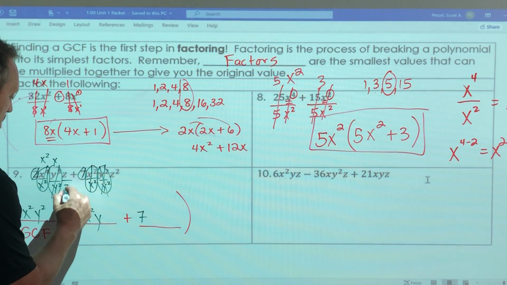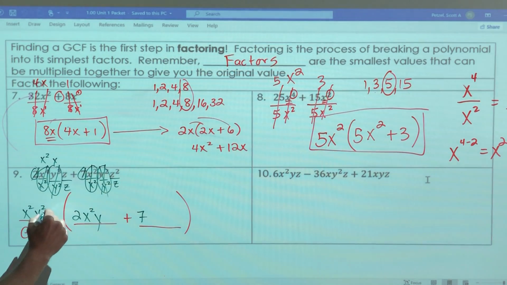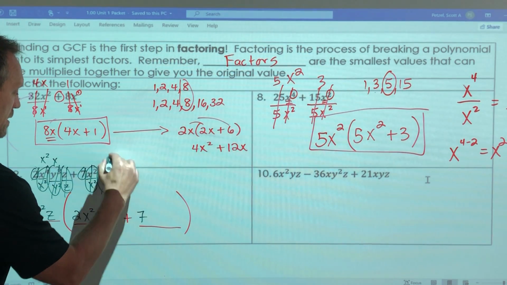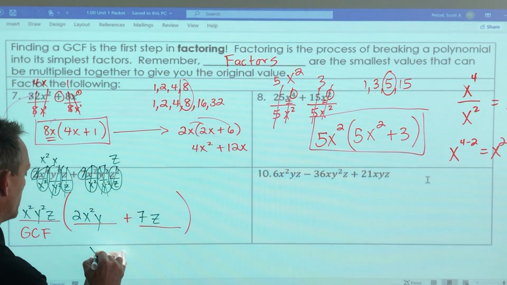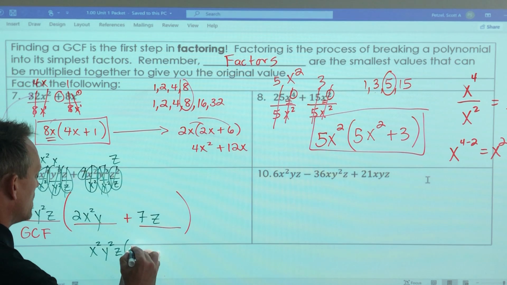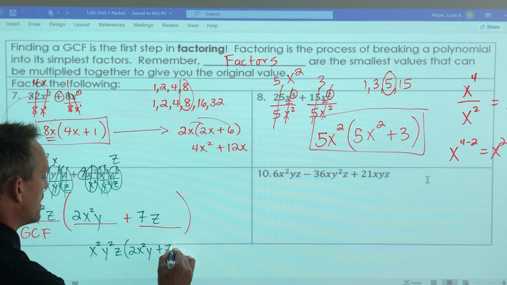The largest exponent for my z is z to the 1. Z comes out. These cancel. That's left with a z. So your final answer is x squared y squared z, times 2x squared y plus 7z.